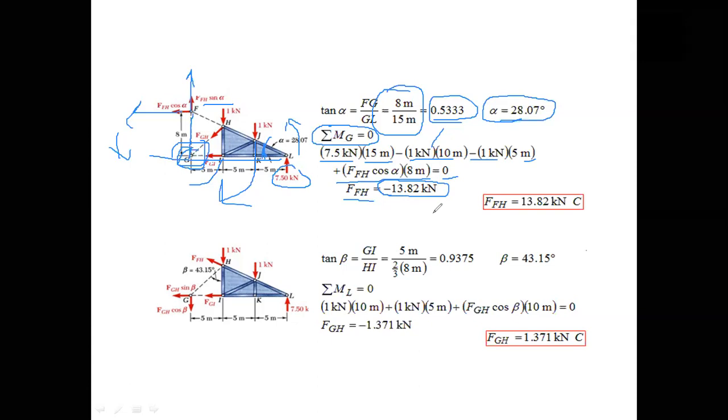It comes negative, that is why the force in FH is 13.82 kilonewton compressive. If it comes positive, then it is tensile. If the value is negative, then it is compressive.